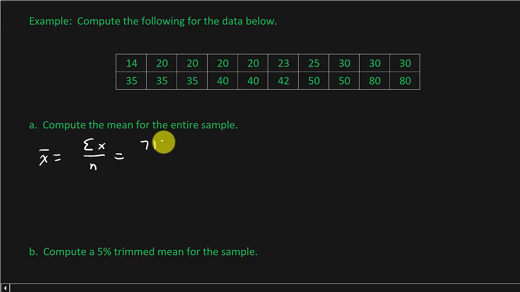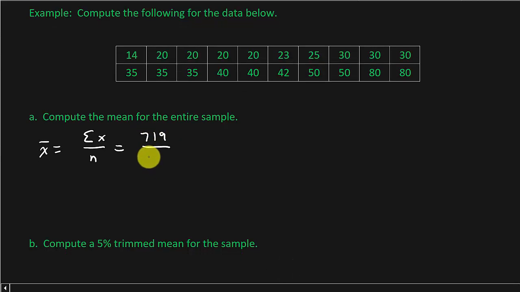That equals 719 divided by 20. Let's see, 1, 2, 3, 4, 5, 6, 7, 8, 9, 10. There are 2 rows, so there are 20 values. And that equals 36. So there's the mean for the entire sample.